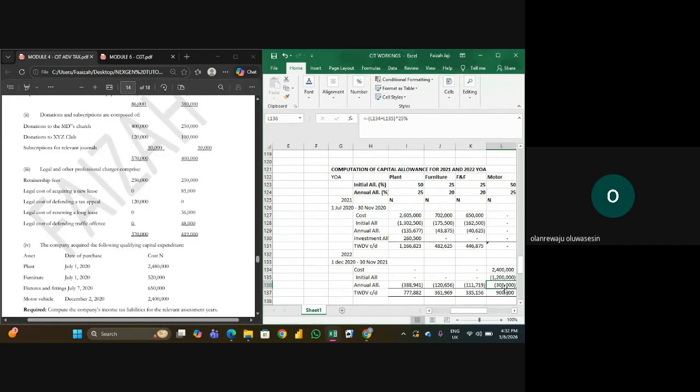So why are we using tax written down value divided by the number of years left? Because if you stick to the other formula and you keep doing it, it will give you the same figure, but at the end of year 4, you will still have money left. You have money left because this particular period is not up to 12 months.